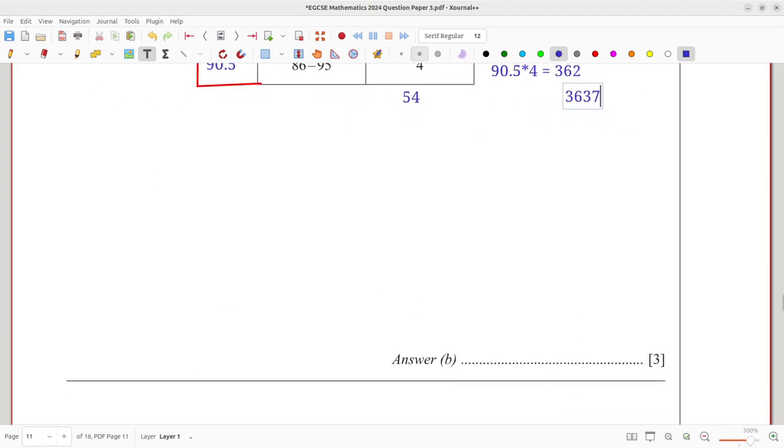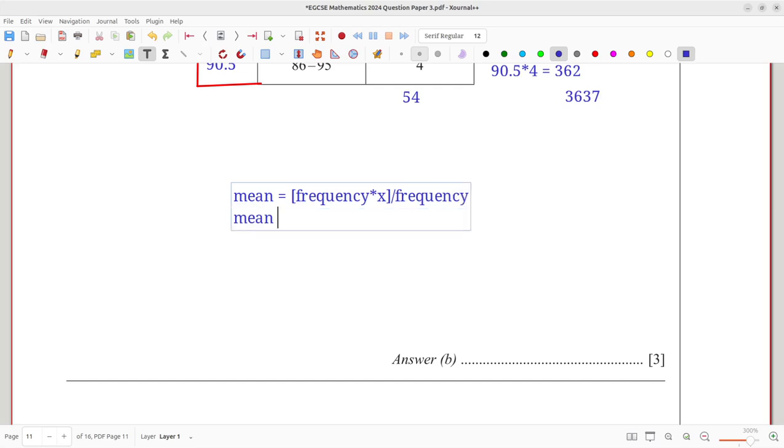So the mean is equal to the sum of frequency times x divided by the sum of frequency.